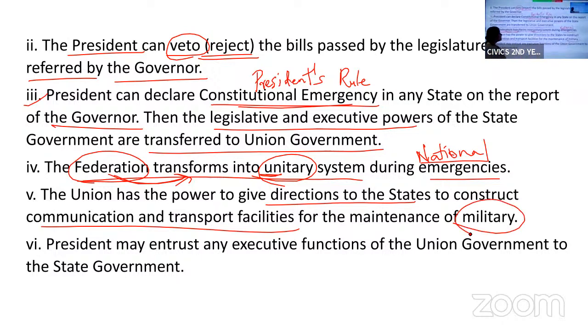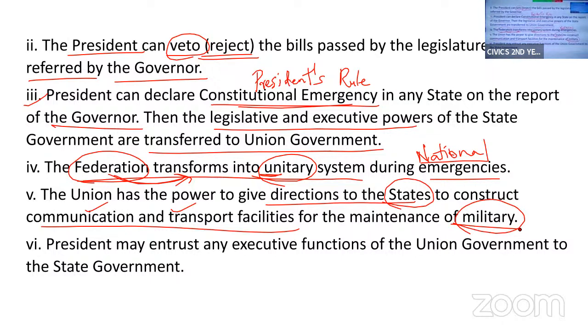Now, to provide facilities to this military is the responsibility of the state. To provide communication and transport facility to the military in a state is the responsibility of the state government. So here the union government will direct the state government to provide transport and communication facility for the maintenance of the military.